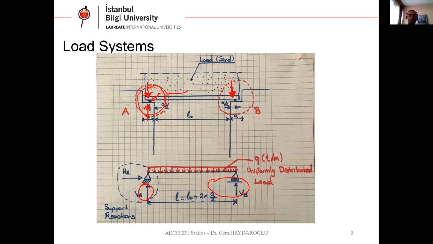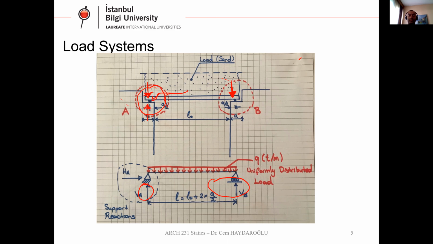This example shows us how we convert the real structural systems to our calculation models. At the bottom side, you can see our calculation model. At the beginning, we have a three-dimensional beam. We convert it to a line. We have a soil load on top of this beam. We convert it to a uniform distributed load.